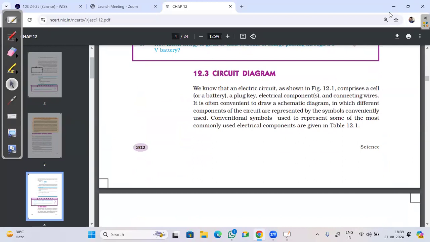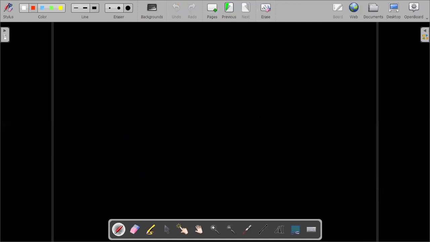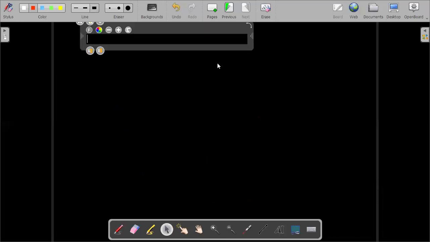As you know, an electric circuit consists of different components. An electric circuit consists of a cell, a battery, ammeter, voltmeter. So see what the things are that an electric circuit consists of.